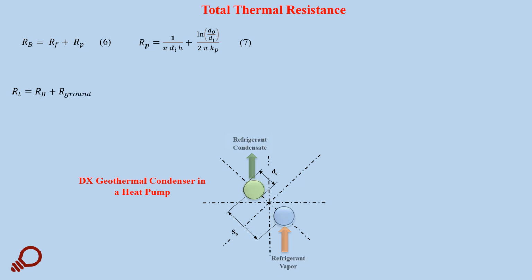And to get the total thermal resistance as a specific value, we have R sub B plus R ground.